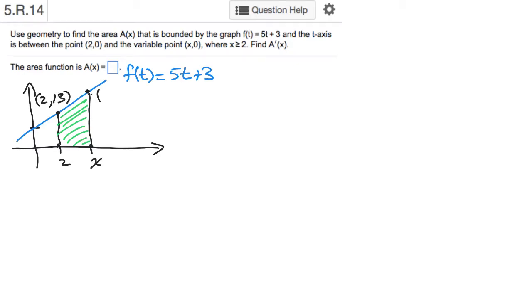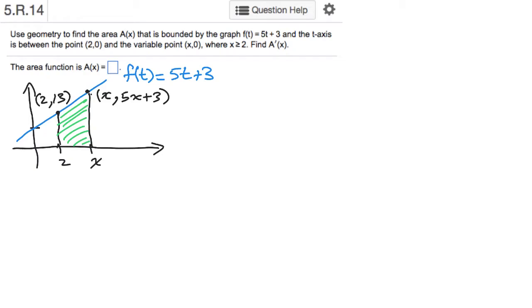That will be the y coordinate at that point. Similarly, if all I know about the first coordinate is that it's called x, then the y coordinate is going to come from plugging that into the formula, which means the second coordinate is going to be 5x plus 3. So in every case, for the points on the graph of a function, the second coordinate comes from plugging the first coordinate into the formula.